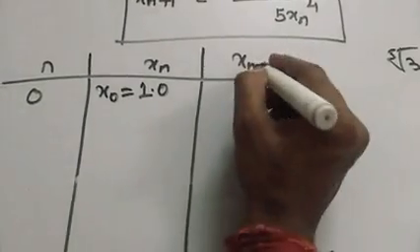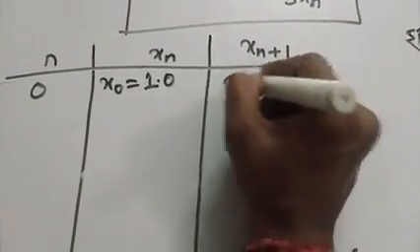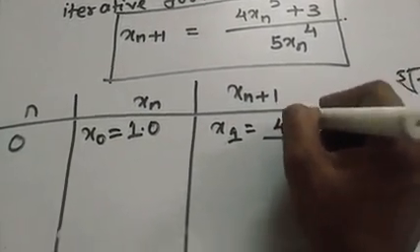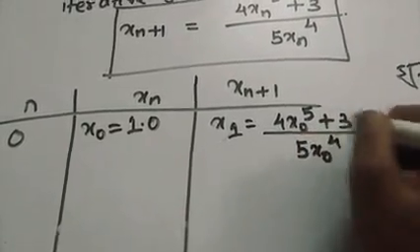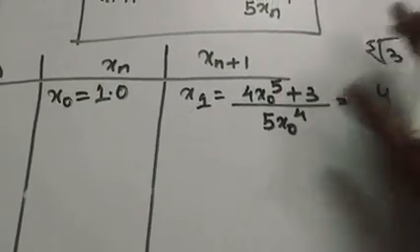So then here putting n equals 0, x1 equals, what is the formula? According to the formula, 4x0 to the power 5 plus 3, divided by 5x0 to the power 4. By putting the values of x0 we will get your x1 as 1.4.